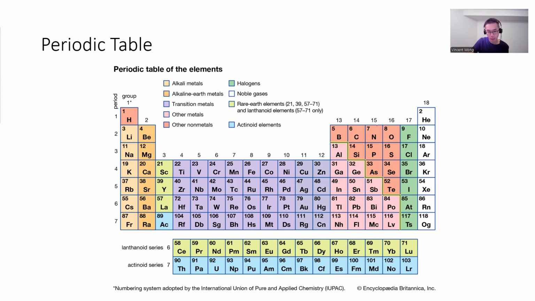Some you probably know already. C is for carbon, S is for sulfur, right? So on and so forth. And if you try to look for steel, there is no steel on the periodic table. So you can say steel is not an element. Right? Steel is actually iron with a bit of carbon in it. Right? So that's not an element because it consists of two different elements, right?